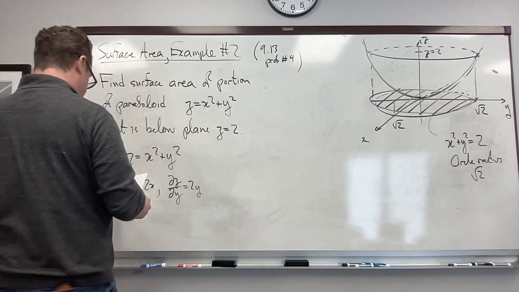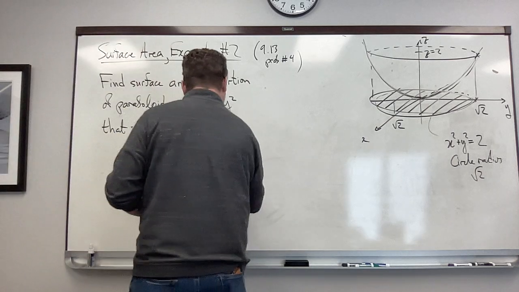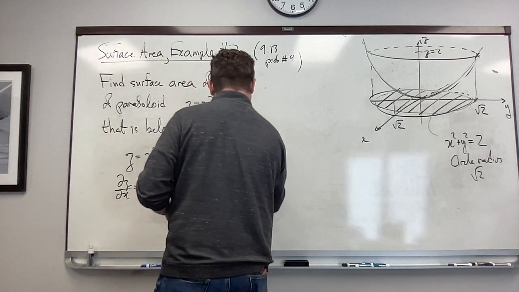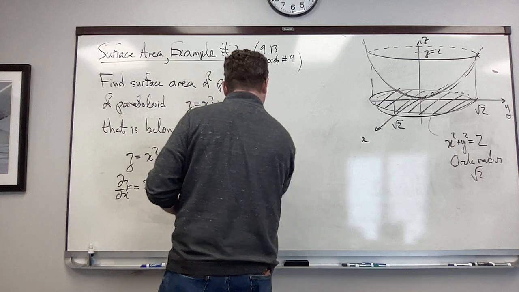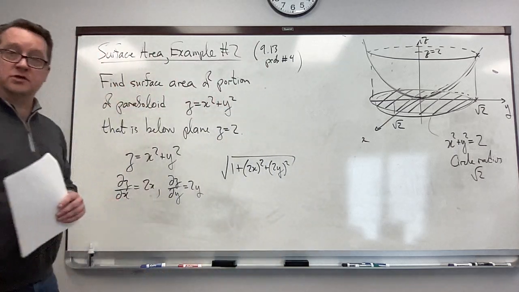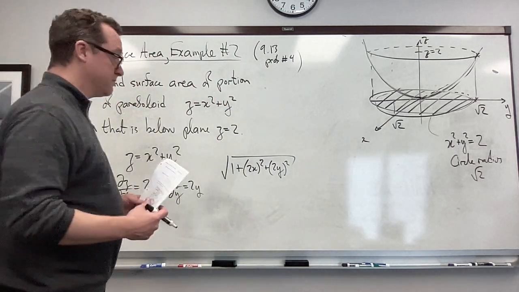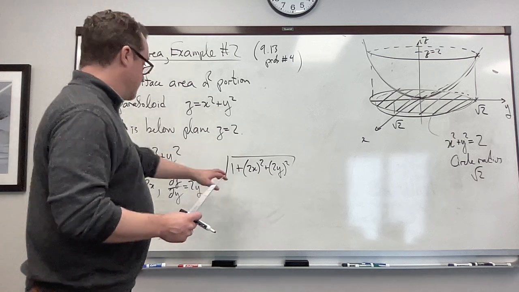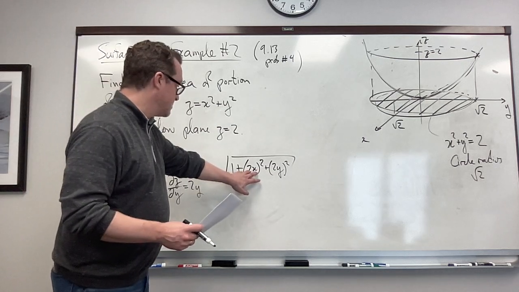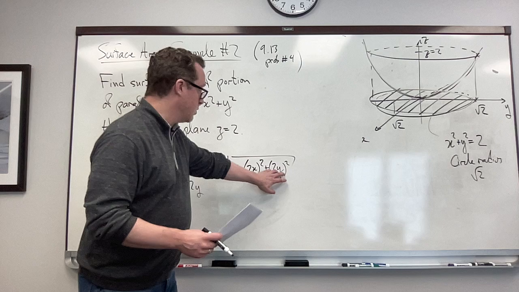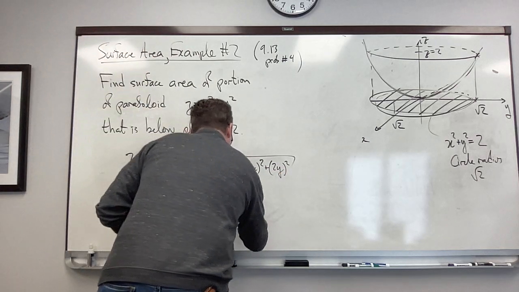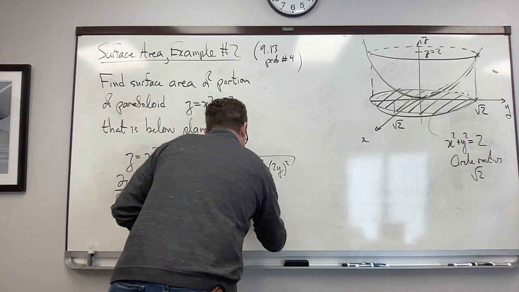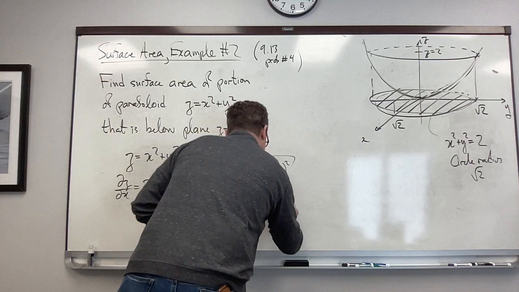Then I'm going to have the square root of 1 plus the partial of z with respect to x squared plus the partial of z with respect to y squared. That's what's going to be the integrand, with the addition of r if we make it polar. So this equals the square root of 1 plus 4 times x squared plus y squared.